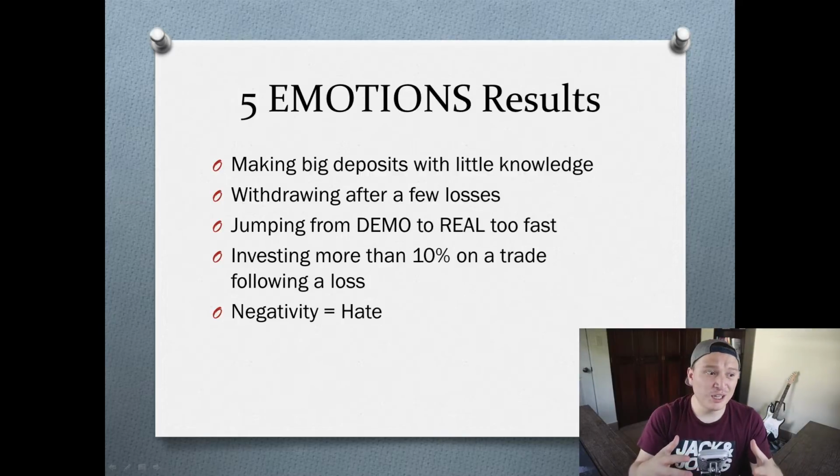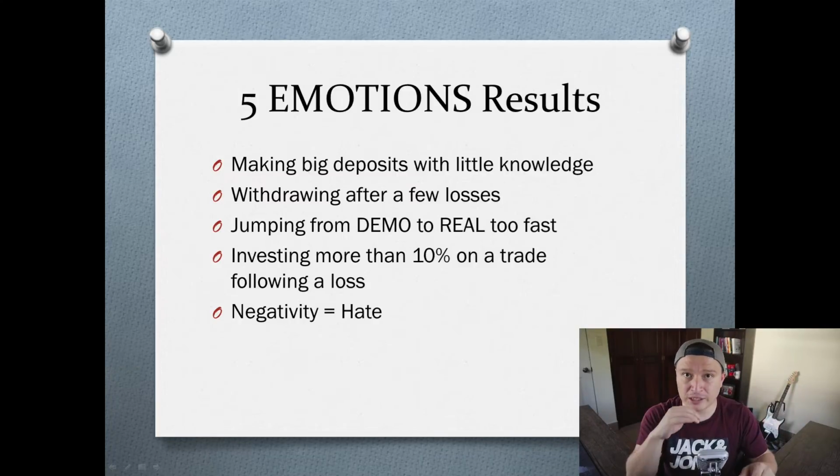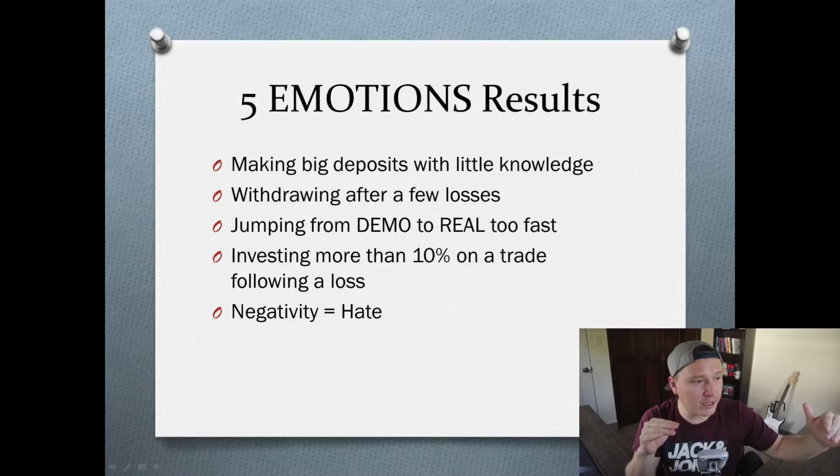Because I've seen it before. People are like, you know what? I never made any money with binary options. So Christian is a scam because you can't make that much money. And I'm like, dude, that's a hater. That's negativity. So that's also driven by your emotions, right? That's like the final step. So this is all taken over in order. These are the 5 emotion results you have.